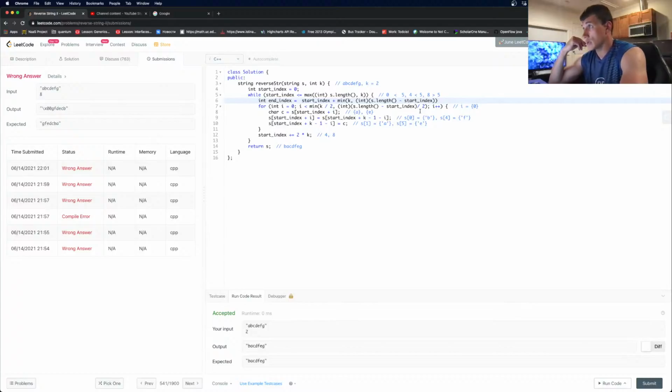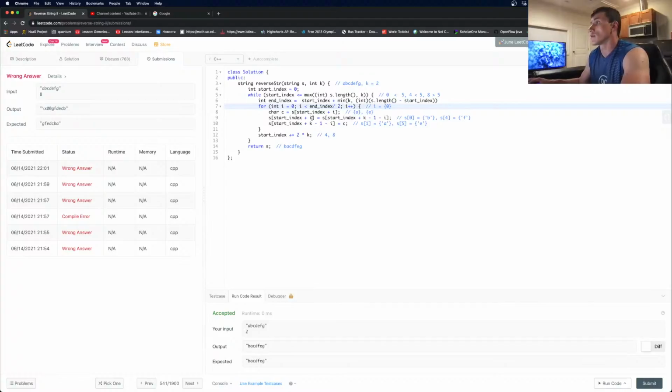Which makes sense. And if so, then we just say end index divided by 2, and then all we need to say here is end index minus 1 minus i. Alright.